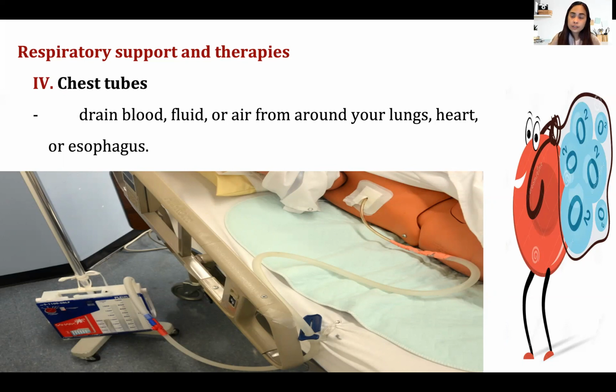If you're stabbed, the positive pressure from the outside environment goes inside and causes a deteriorating effect on your patient. So they need a chest tube to remove this air or blood.